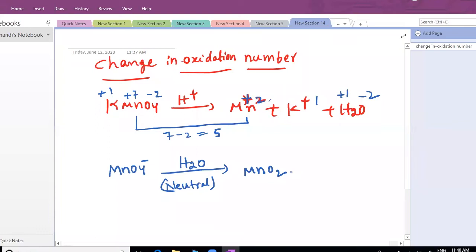Just find the oxidation number change here. This is +1. Here +4. Anyway, oxygen is always -2, that won't change. What is the difference in oxidation number here? 3. 3 is the change in oxidation.